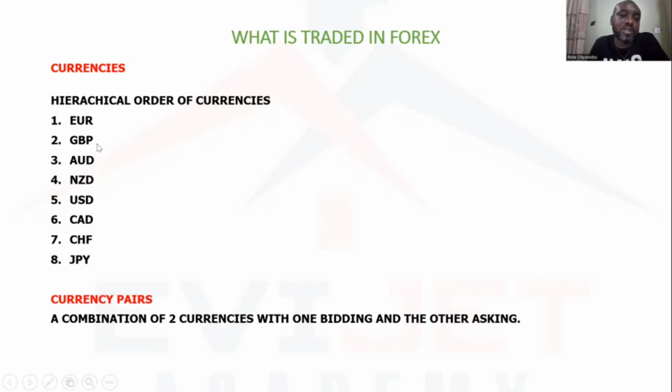Then the GBP is the Great Britain pound, which is for the UK. Then we have the Australian dollar, which is the AUD. We have the New Zealand dollar. Then we have the US dollar, which is the USD, the Canadian dollar, then the Swiss franc, then the Japanese yen. These are the 8 major currencies.